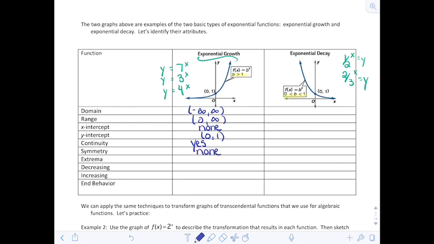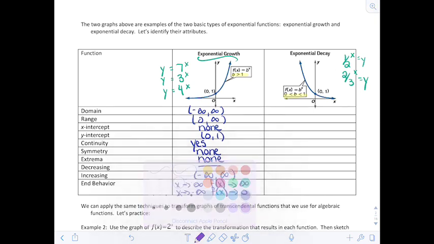Extrema, in other words, relative or absolute maximums and minimums, there are none of those. Decreasing, it never decreases, so that doesn't apply. Increasing, always, from negative infinity to infinity. And end behavior, as x goes to infinity, f of x goes to infinity. And as x goes to negative infinity, f of x will go to 0.